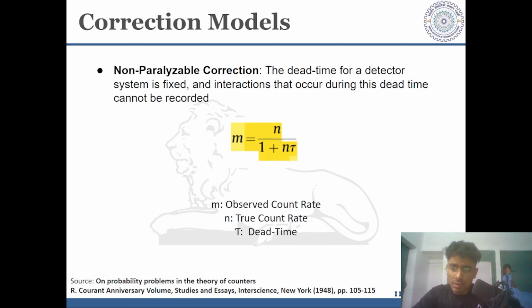Next is the non-paralyzable model. The dead time for a detection system is fixed. An interaction that occurs during this dead time is not recorded as an event, but after the initial event is recorded by the detector, the non-paralyzable model allows the system to recover after a fixed dead time. The mathematical model is represented as m = n/(1 + n tau), where m, n, and tau are observed count rate, true count rate, and dead time respectively.